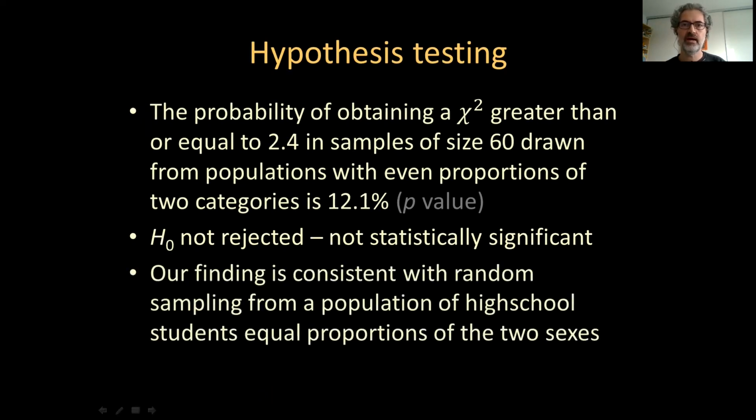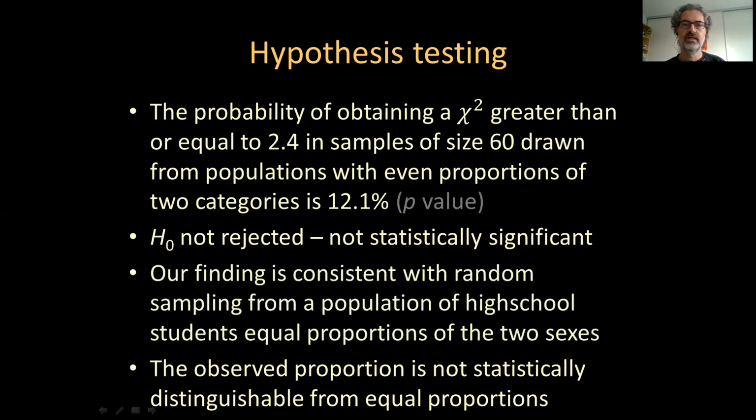This means that our finding, our observation, is consistent with random sampling from a population of high school students with equal proportions of the two sexes. So if we are sampling from a population with equal proportions, it's not too unexpected to get 36 in one category and 24 in the other. It will happen up to 12% of the time.